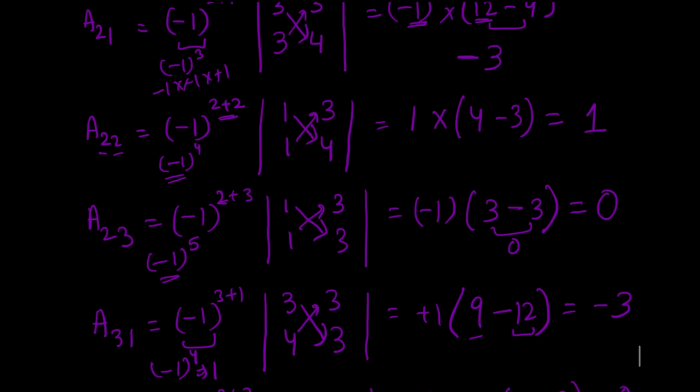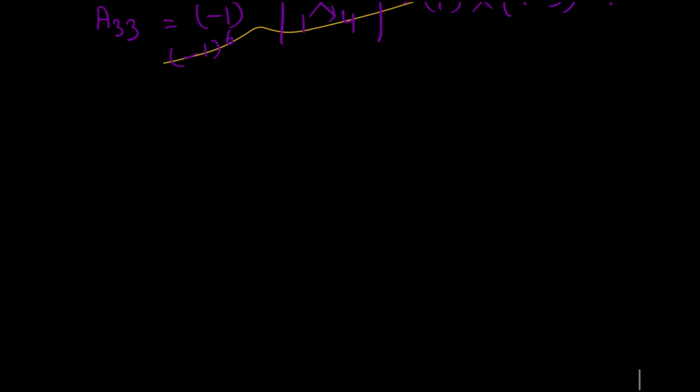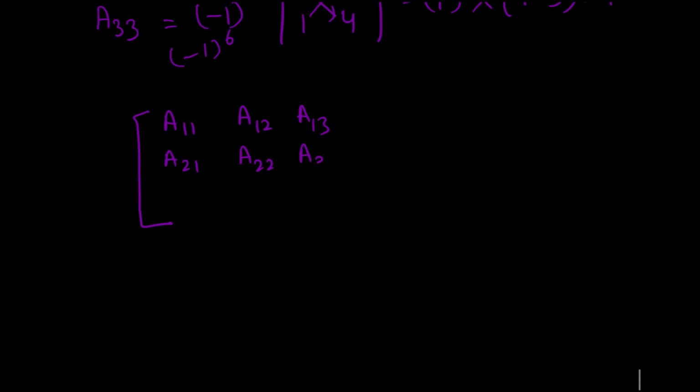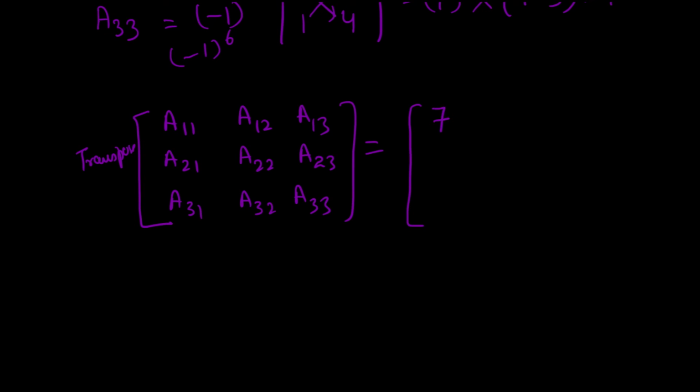So therefore, now when you put these elements here, what this becomes is A11, A12, A13, then you have A21, A22, A23, A31, A32 and A33. You have to find the transpose for this matrix. So substituting those values: A11 is 7.